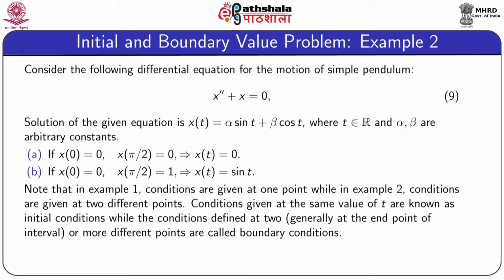Therefore, the conditions that are given at one point are known as initial conditions, whereas in example 2 the conditions are given at two different points.